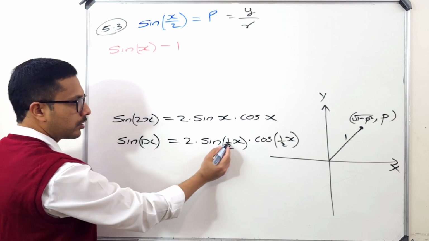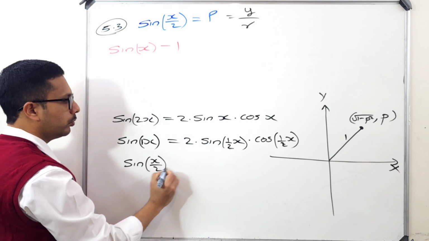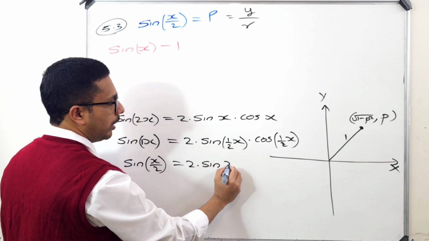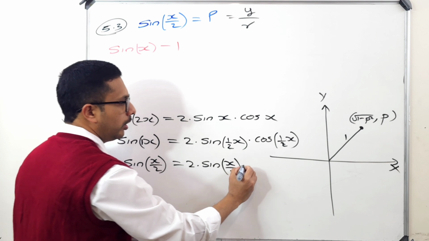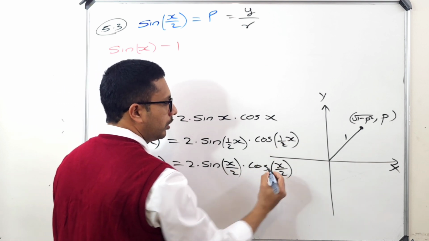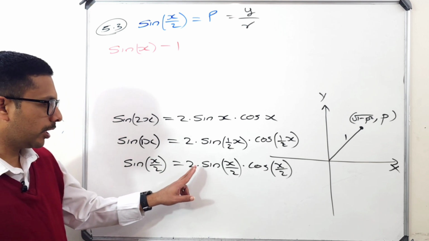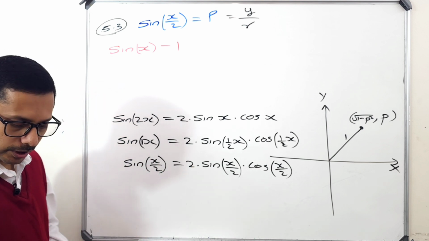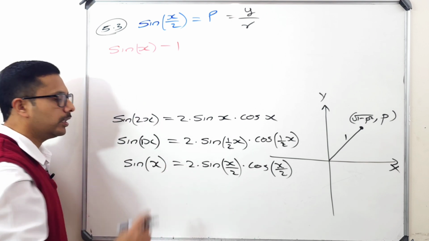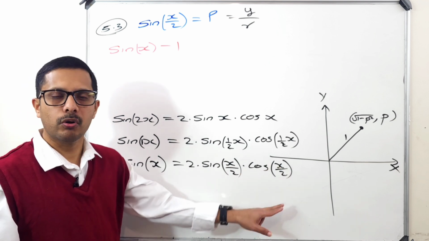Without writing this 1, I'm going to write it like this: sine of x is equal to 2 into sine of 1 times x over 2, that is x over 2, into cos of 1 times x over 2, so it is x over 2. So look at this: sine of x is the same as 2 into sine of x over 2 times cos of x over 2.